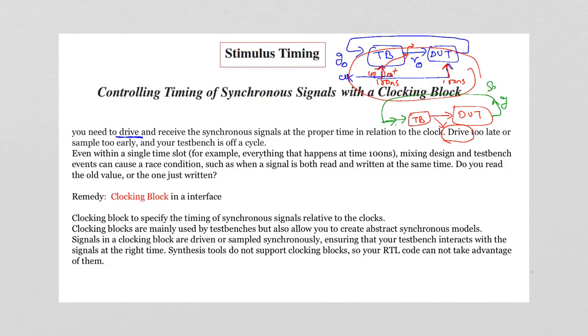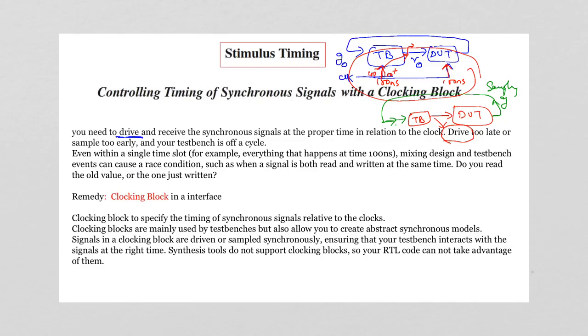So this part is called sampling, sampling the outputs of DUT. That means they are inputs for the test bench. Driving signals to the DUT, which are outputs of test bench. So output signals of test bench are driven into DUT, whereas outputs of DUT are sampled by the test bench as inputs.